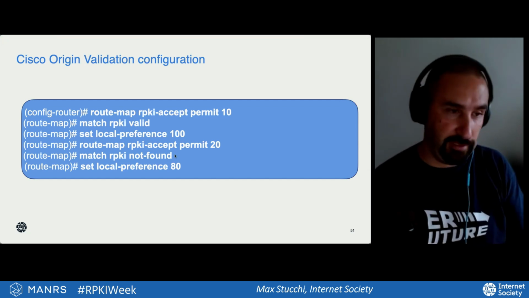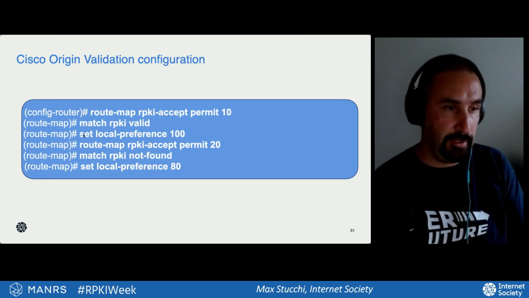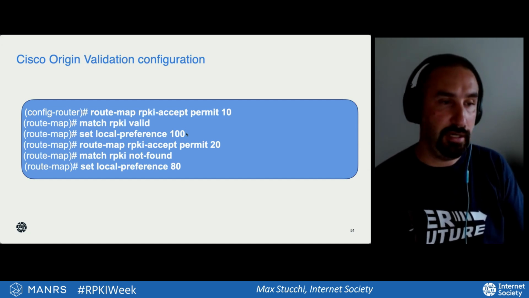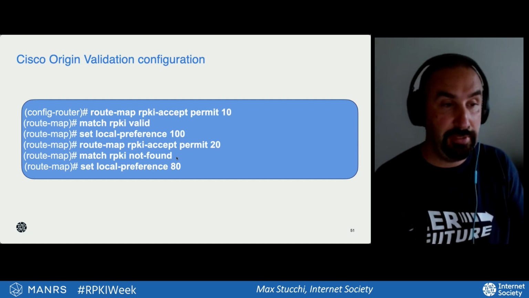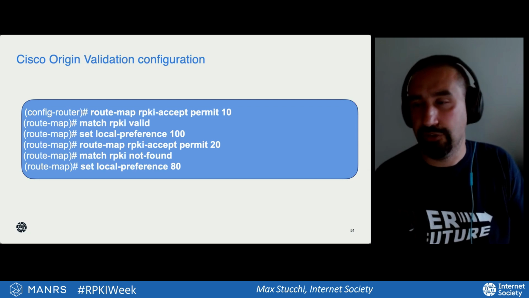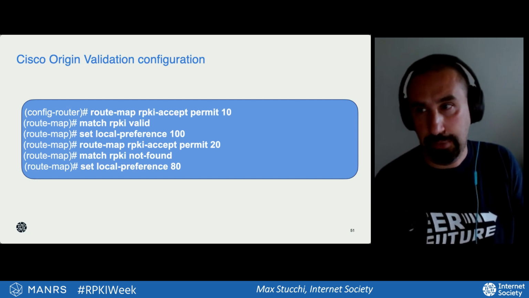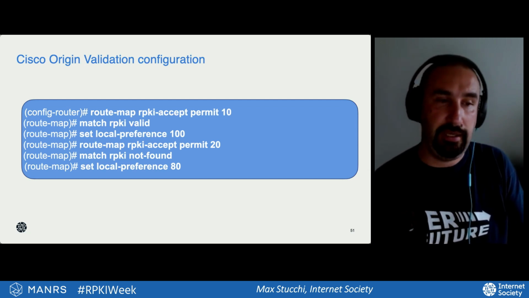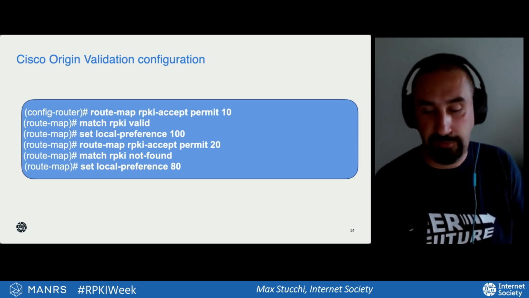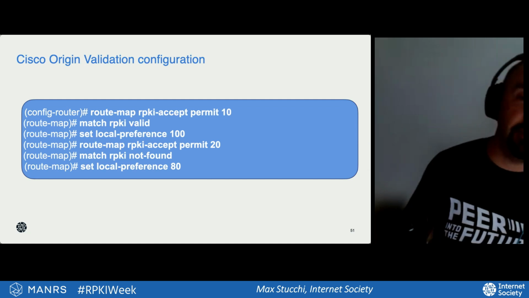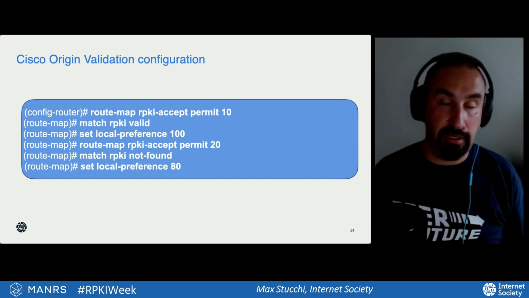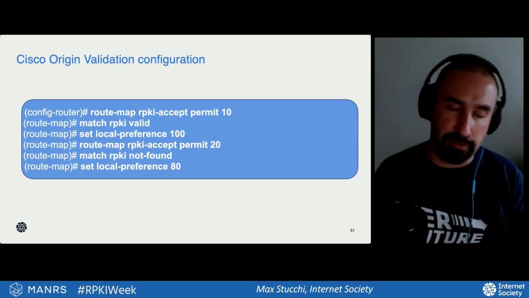And then here's an example. It's a very simple thing you can do, but it can help you. You can set the local preference for the RPKI valid to 100, keep it default, but then for the not found, lower it to 80. It's not going to change much in your routing, but at least you have a sort of tag you can check quickly to see if the prefix was valid, invalid, or not found.